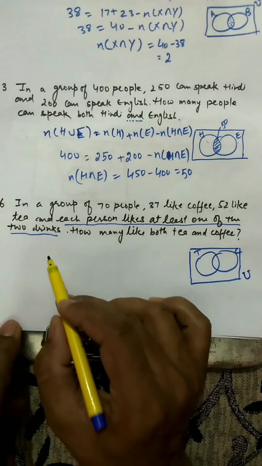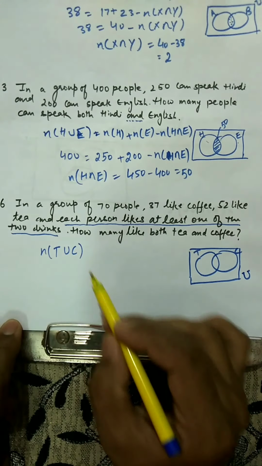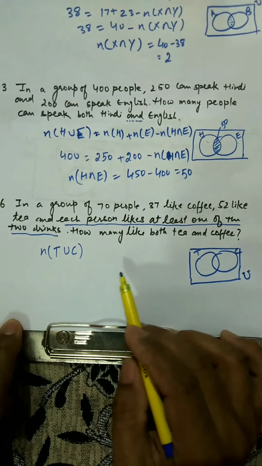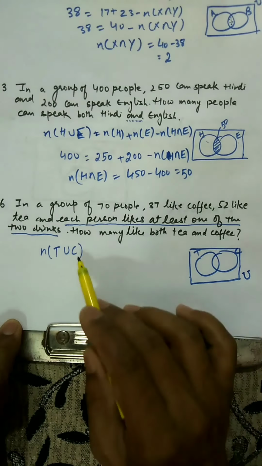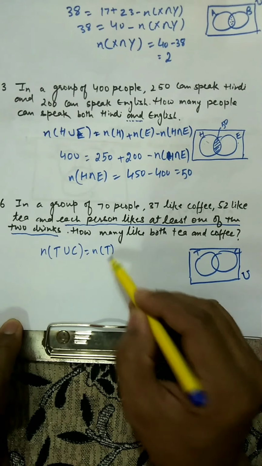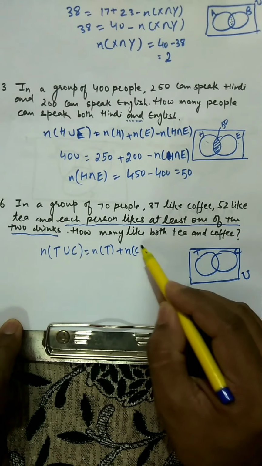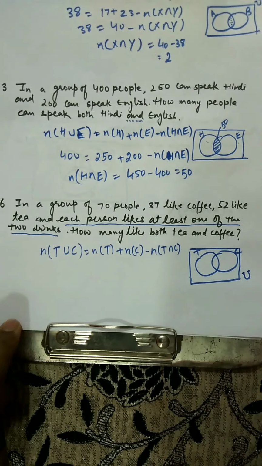So if I take n(T union C), where T is the set of people who like tea and C is the set of people who like coffee, this is n(T) plus n(C) minus n(T intersection C).